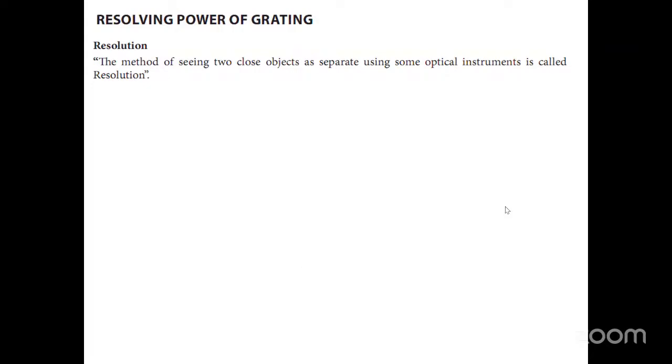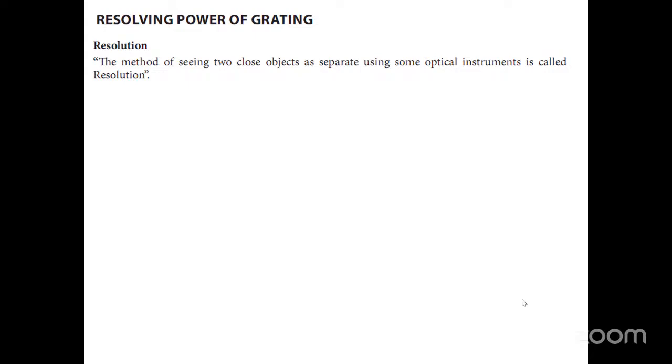Next is the resolving power of grating. What do you mean by resolution? The method of seeing two close objects as separate using some optical instruments is called resolution.